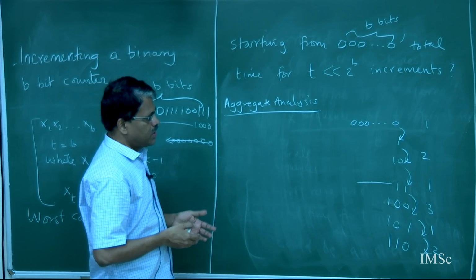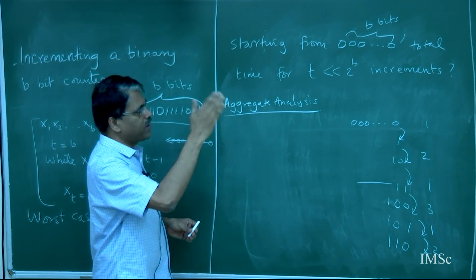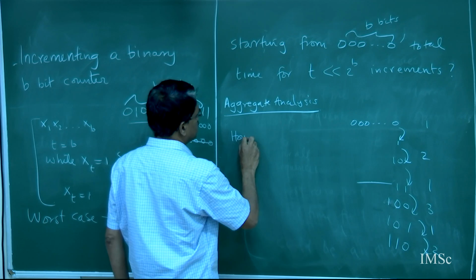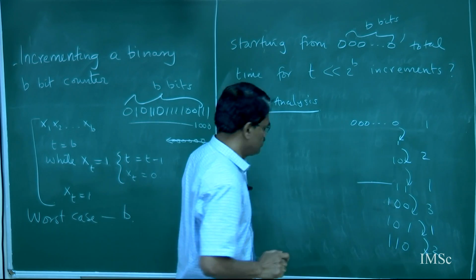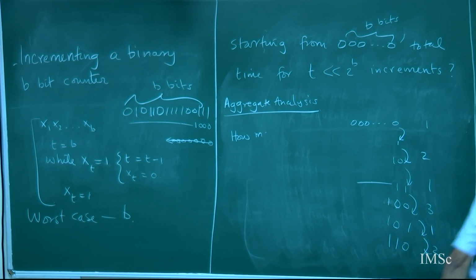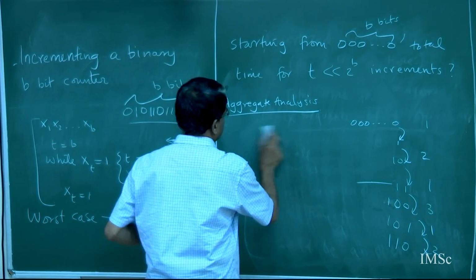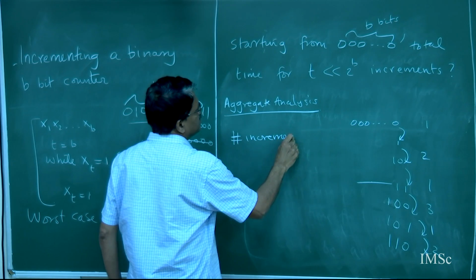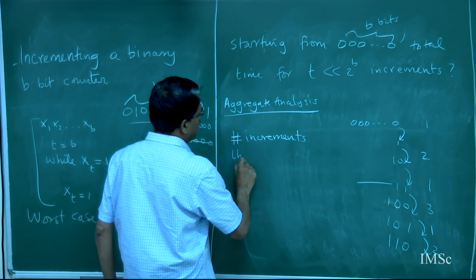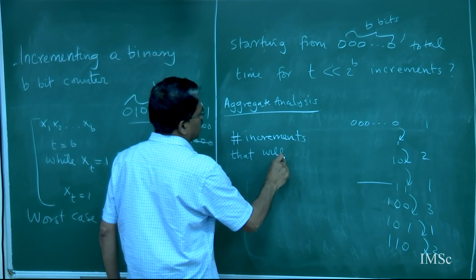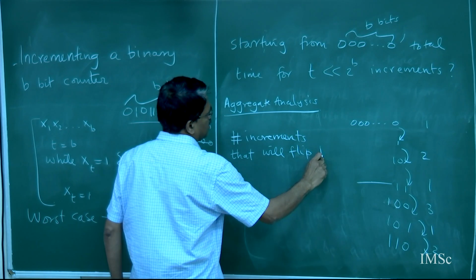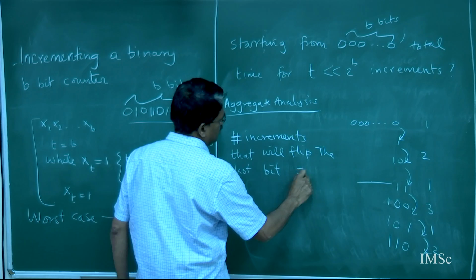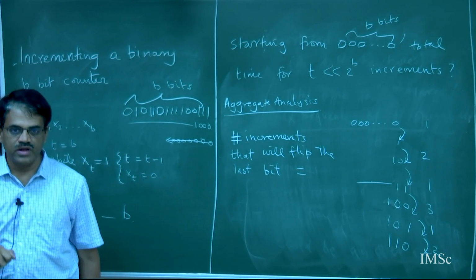So let's do this sort of column by column. Let's ask this question: out of my T increments, how many increments will flip the last bit?